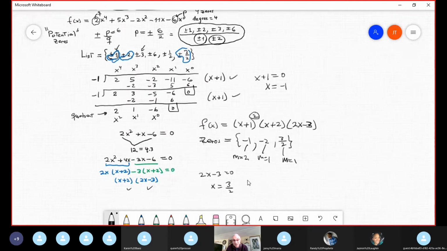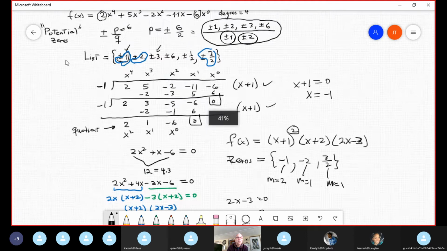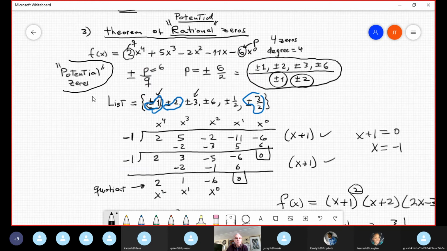It's okay, but I have bad news. I always use potential zeros. Potential zeros means that the theorem does not guarantee the existence of these zeros.